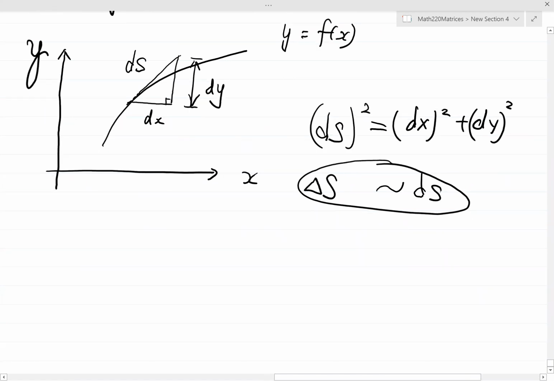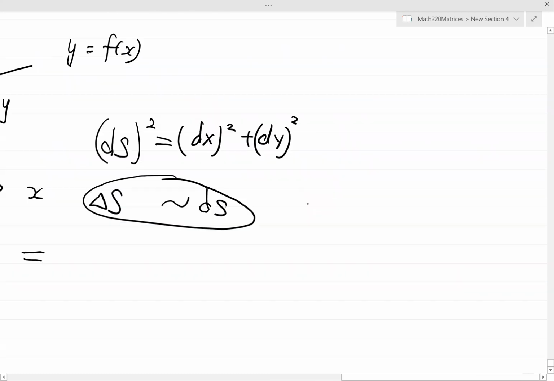So then we get this curve's arc length: we integrate ds from x equals a to b. Let's write this down explicitly. Take a square root, and ds is the square root of dx squared plus dy squared.